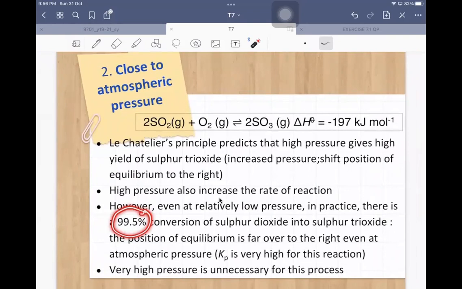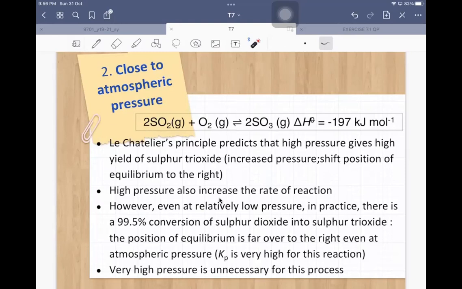That means you don't have to waste money on building a plant that can withstand high pressure. You can just use normal pressure. At normal pressure, the conversion rate is still great, 99.5%. So very high pressure is unnecessary for this process. Yes, you can, but companies would rather not.